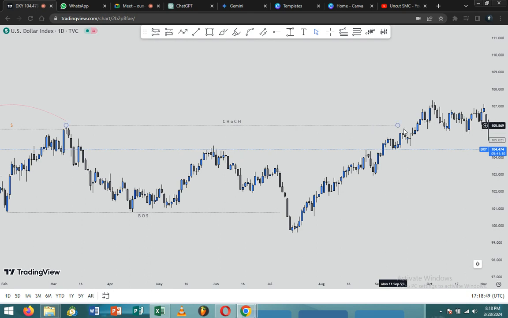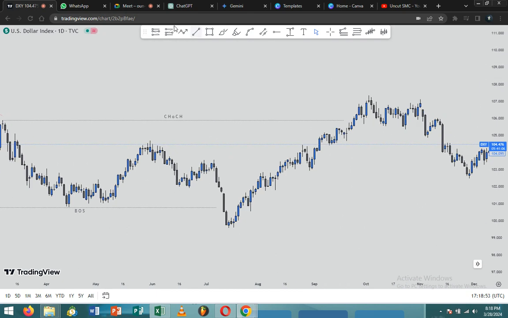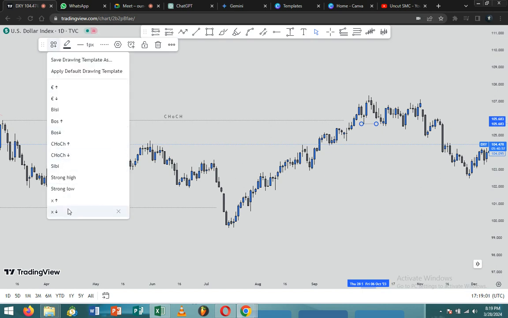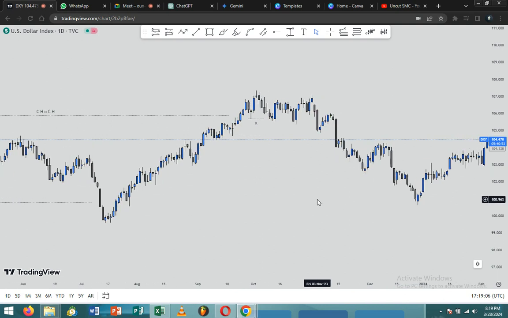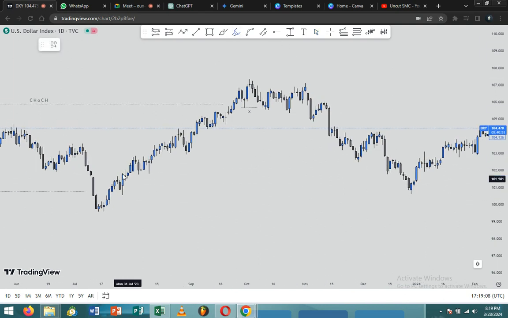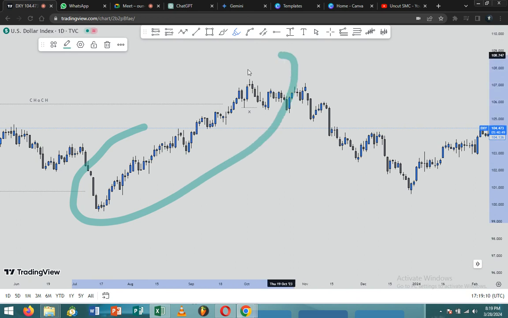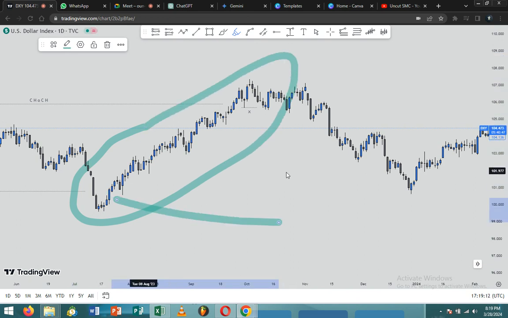So this is a confirmed change of character. For that matter, we are looking for inducement, which is right here, the last pullback. With that inducement, we are simply looking to buy. Remember this is single leg, so we can buy anywhere around.